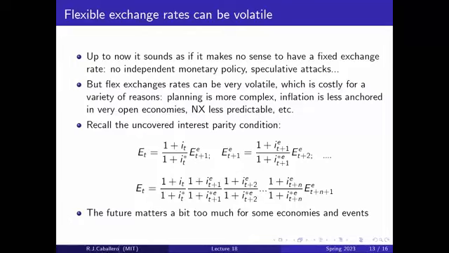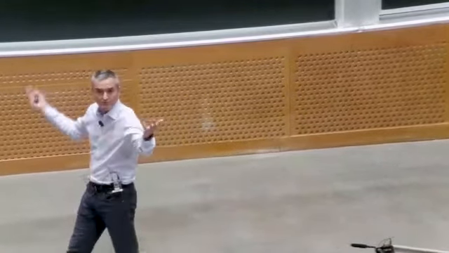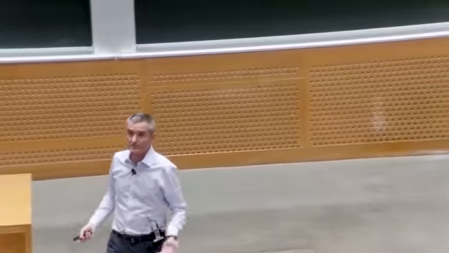This was just meant to say that in a flexible exchange rate, once you endogenize the expected exchange rate, you don't take it as a constant, it gets to be very complicated, because effectively the exchange rate is pinned down by the expectations of the infinite horizon of interest rates at home and abroad. So there's lots of space for creativity and moving things around. And that's the reason exchange rates can be very volatile.